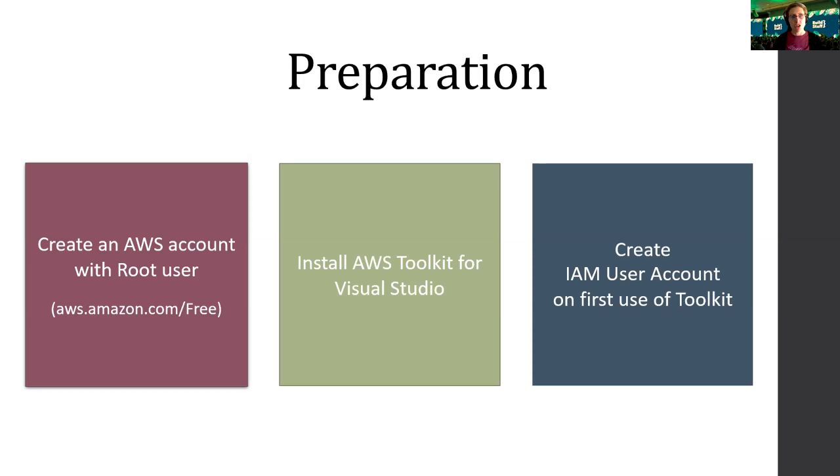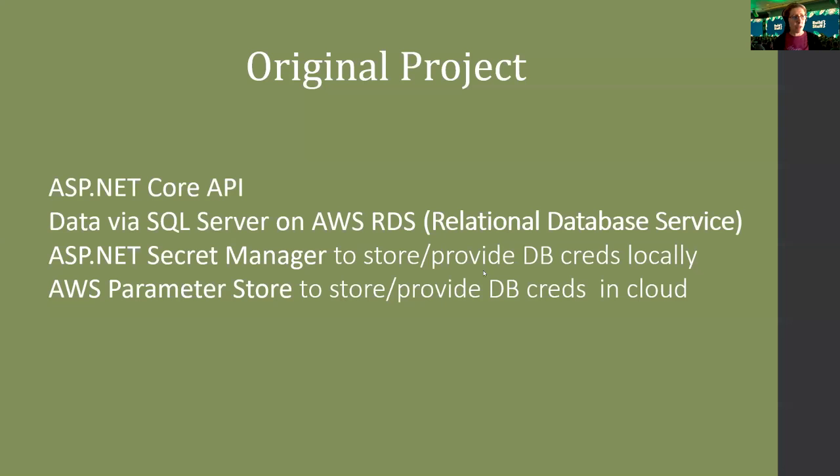So it'll walk you through it. You sign in with your root account, and then you create an IAM user account right through the toolkit. And then the toolkit will use that IAM user account to access services and do what it needs to do. So all of those things were set up in advance.